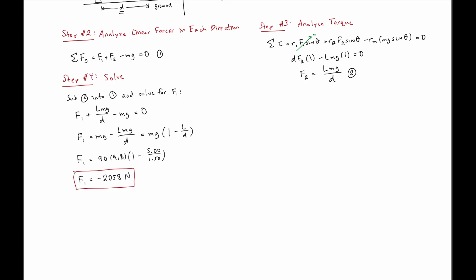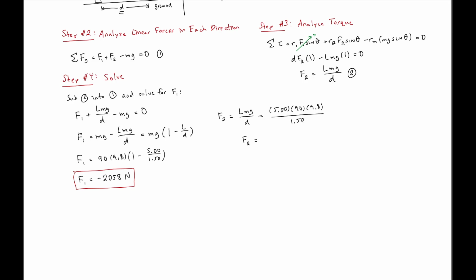So we can see here that the force is going to be pointing in the opposite direction. Now we know that F2 is equal to LmG over D, which is simply 5.00 times the mass, 90, times 9.8 divided by 1.50.